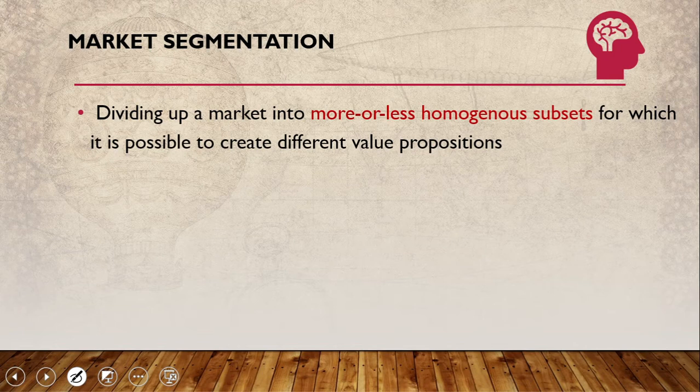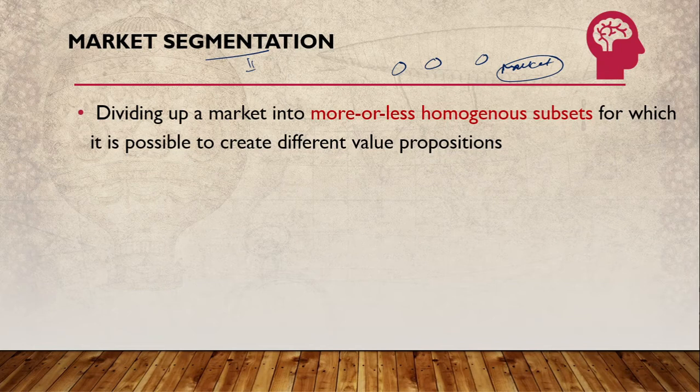So first thing is you have to segment the market. It means for your different products, you need to identify what exactly is there or what market is there for you, or which customers are there. So this you can do with the help of market segmentation. What it does is divide the market into more or less homogeneous subsets. A homogeneous subset is like I have just given an example.